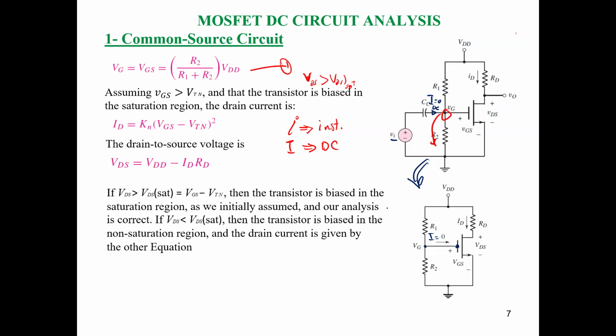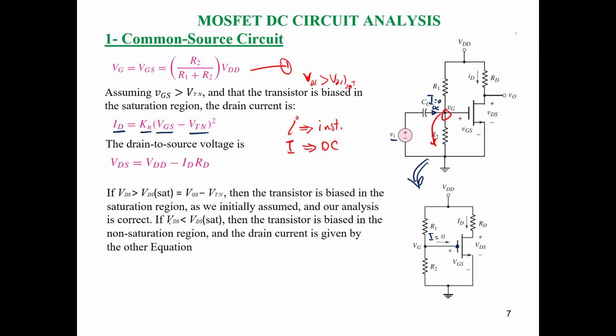So in this case, guys, we can now write our equations. Firstly, ID, as we mentioned, is going to be, with capital letters, equal to Kn times (VGS minus VTN) squared in the case of saturation mode. It could also work in the linear mode, but now we assume that we are working in saturation.